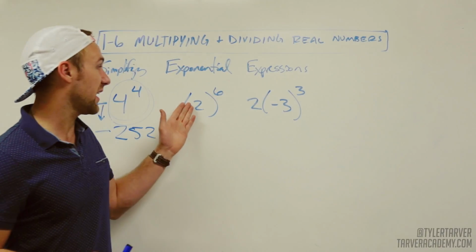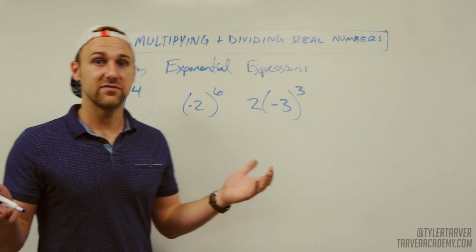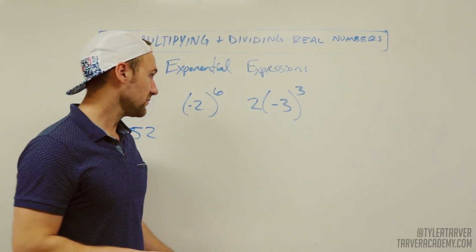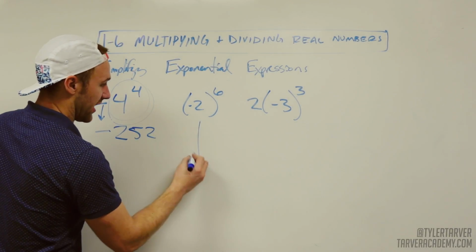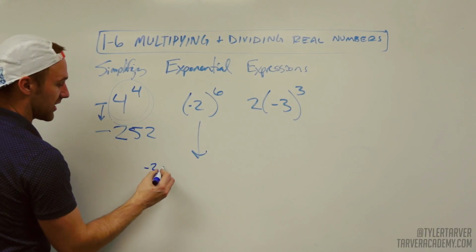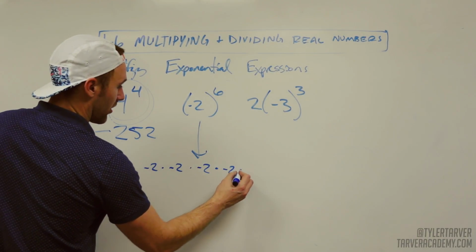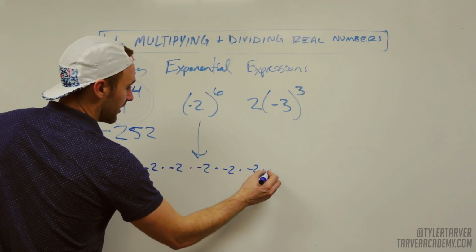I could really drop the negative and make it 2 to the 6th, but I want to illustrate it to you. So I'm going to bring it down here so I have room. Negative 2 times negative 2, and I have to make 6 of these.